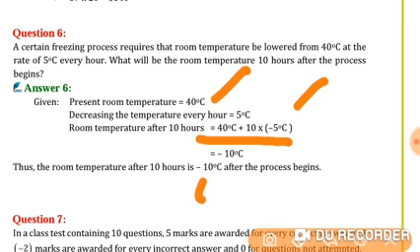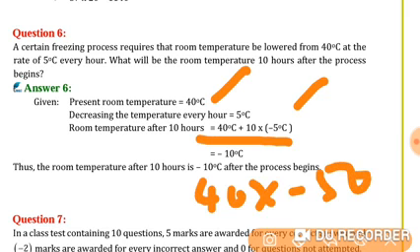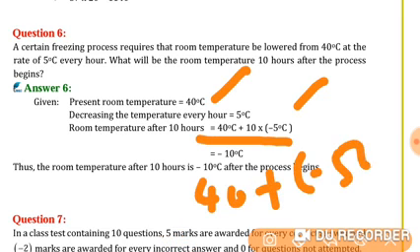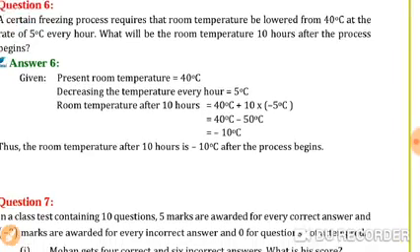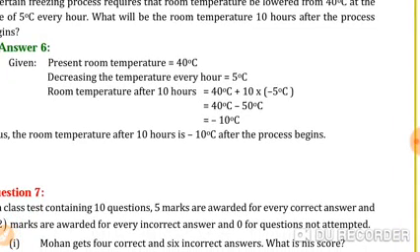So 40 as it is, 10 into 5 is minus 50. Here it is minus 10 degrees Celsius because it is decreasing from 40. After 10 hours you get minus 10 degrees.